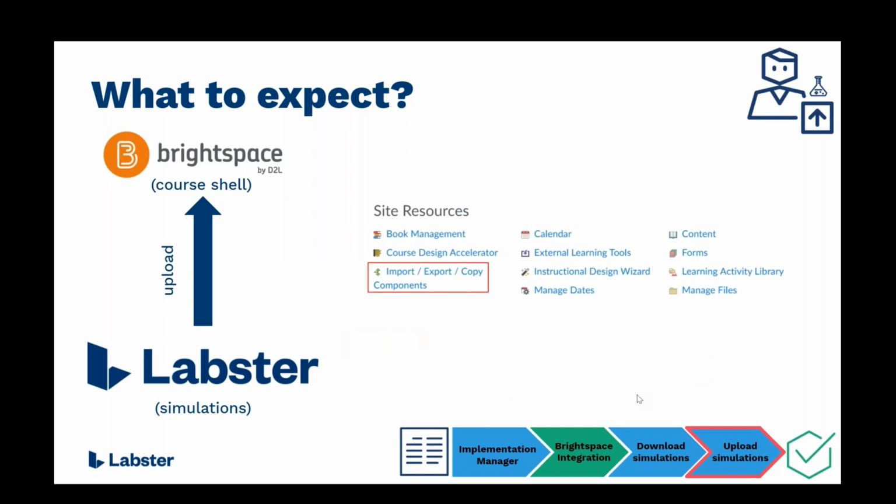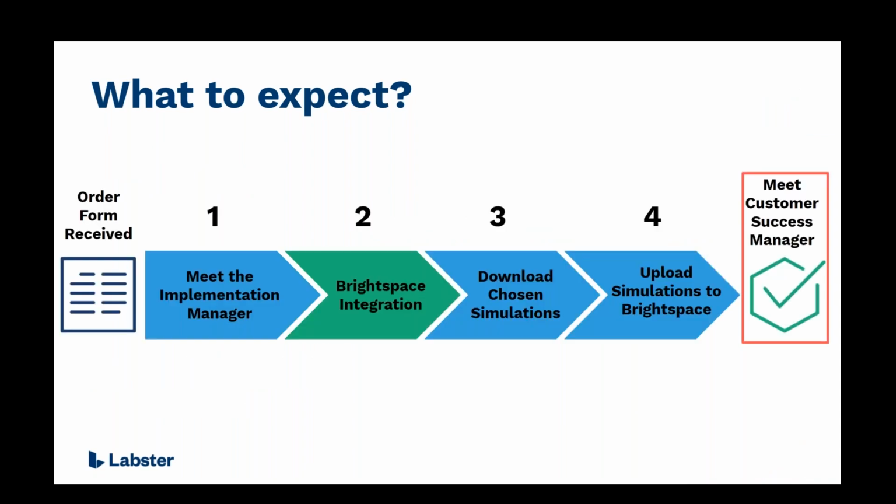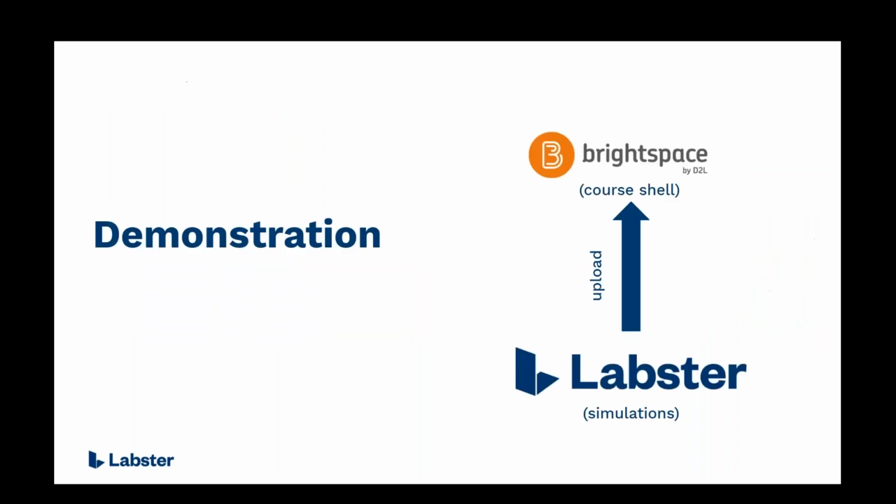And once you download the simulations, you will upload them into your Brightspace. Don't worry about remembering this right now, because I will also do a demonstration of how to do this after this presentation. After that is done, you will meet your customer success manager.